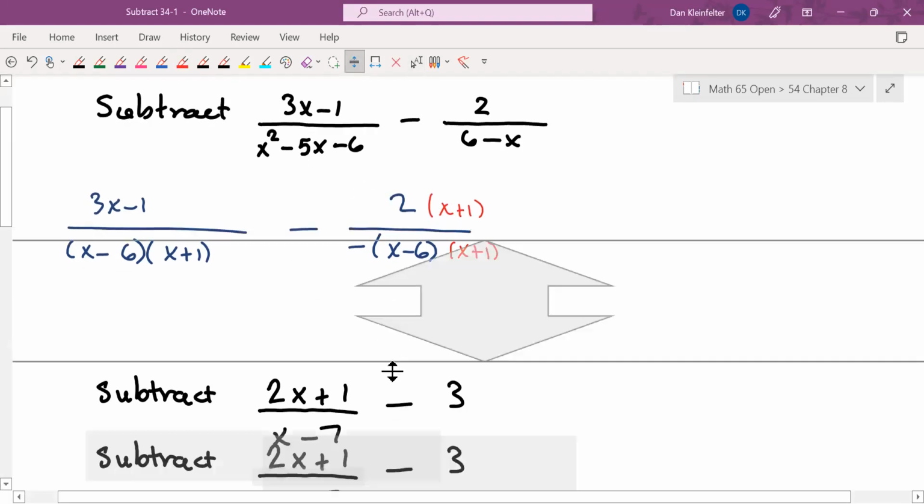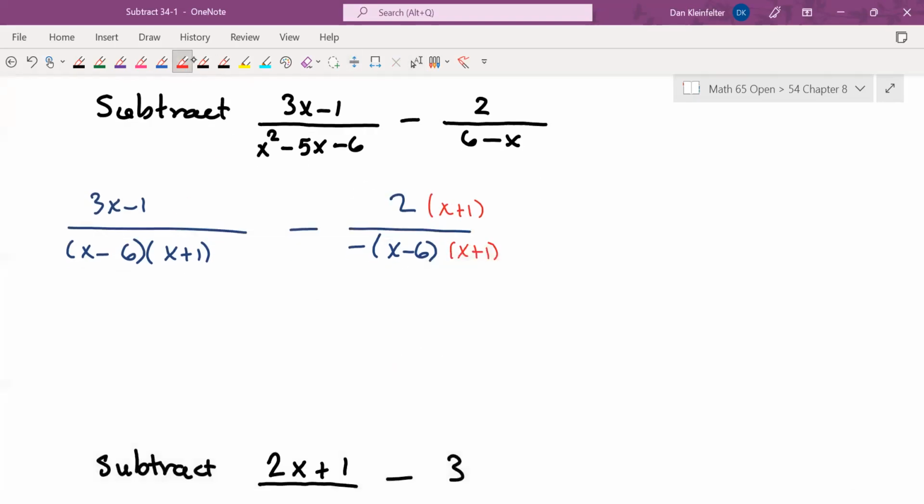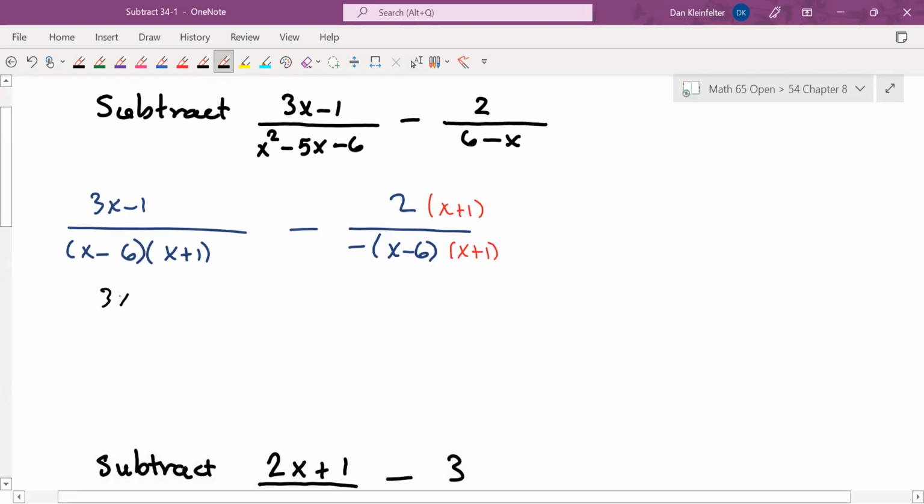Okay, and so what do we have? We have 3x minus 1. There's a negative minus a negative, which will make it plus 2x plus 2. And then down below, we'll have x minus 6, x plus 1.